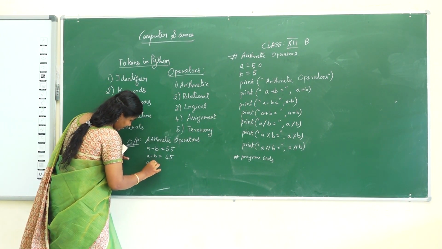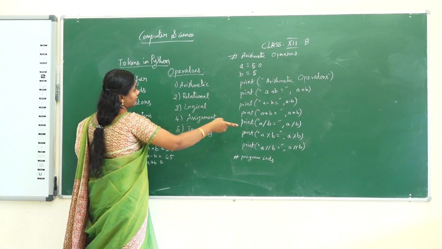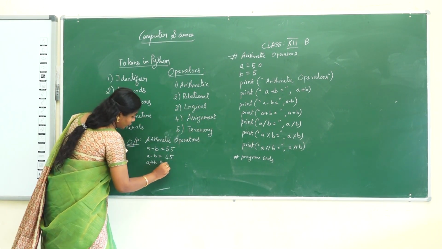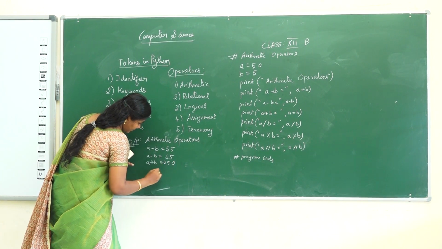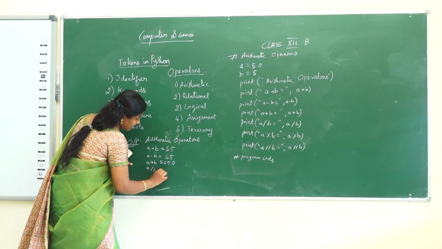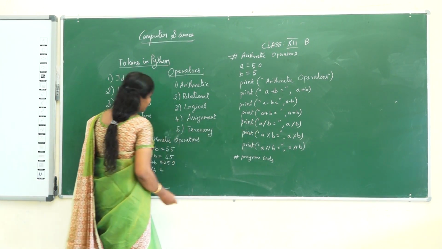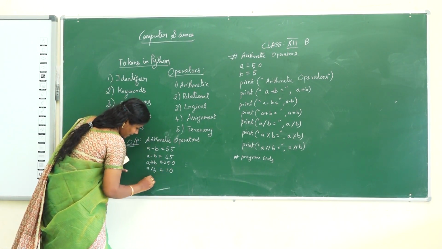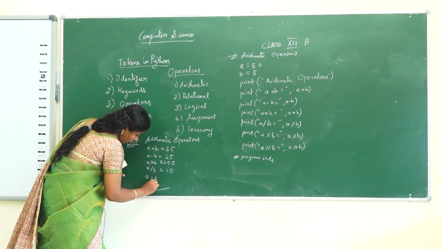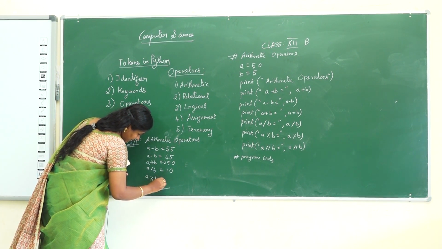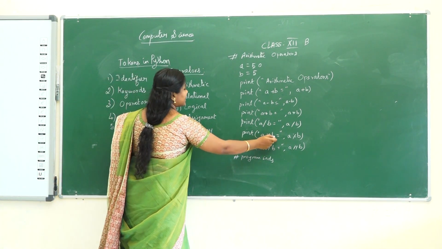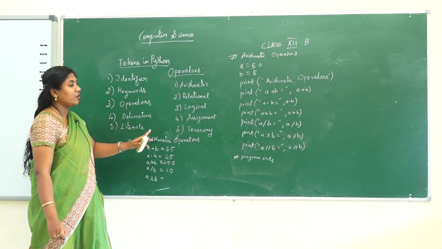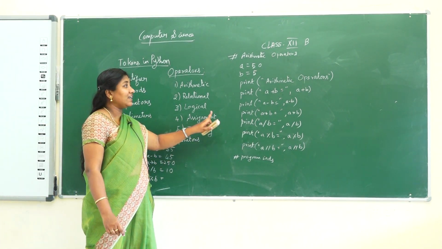And next line I am using A star B. 50 into 5, so what will be the value? 250. And next line A slash B, so 50 divided by 5 is equal to 10. And next I am using the modulo operator, A percentage symbol B. I have already told, it will give the output as only the remainder part.